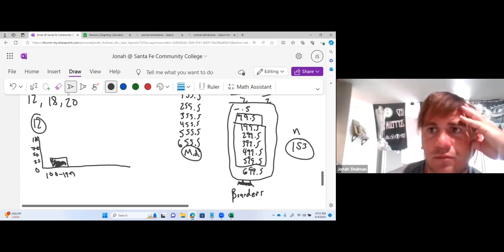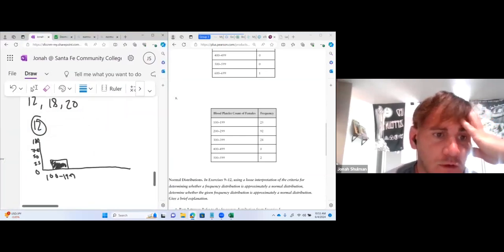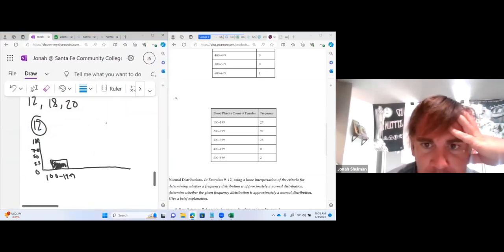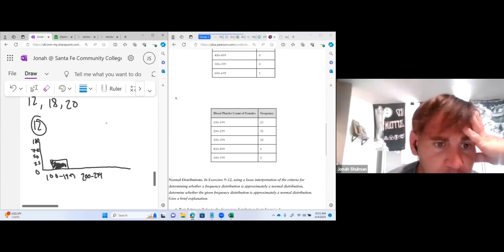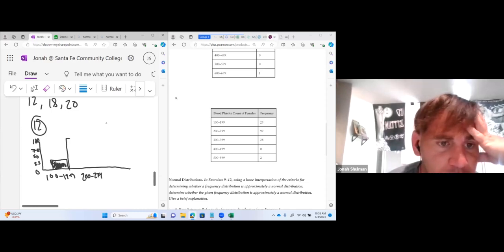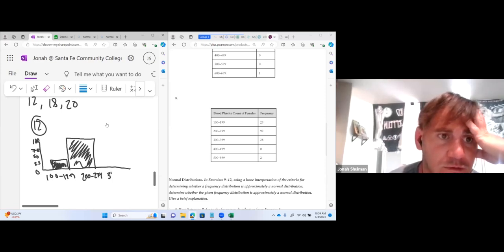Sorry, I just wasn't being my friend for a second. There we go. So the second one is 200 to 299. Now we go all the way up to 90 something. The next group is going to be the threes, just so I have more space.